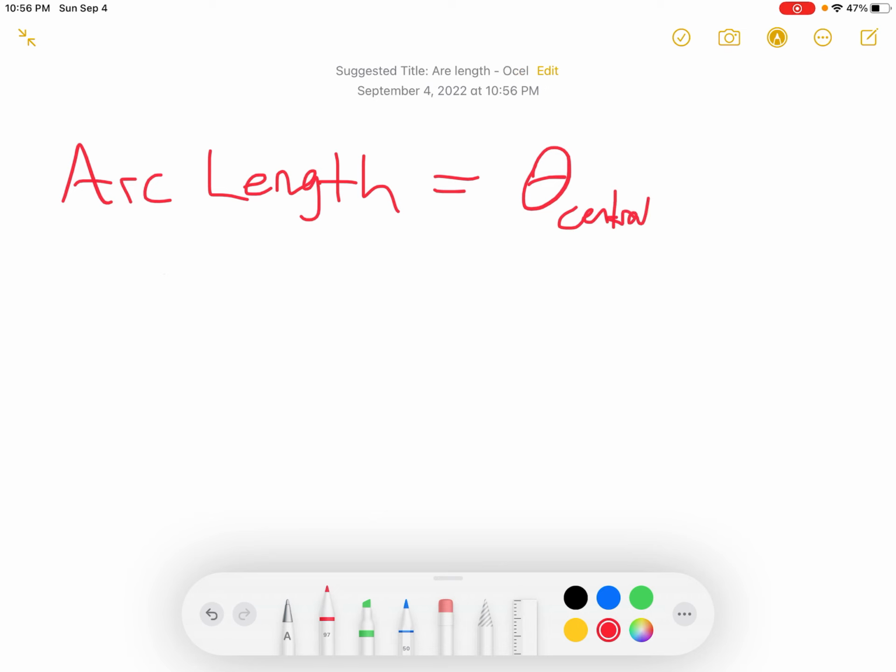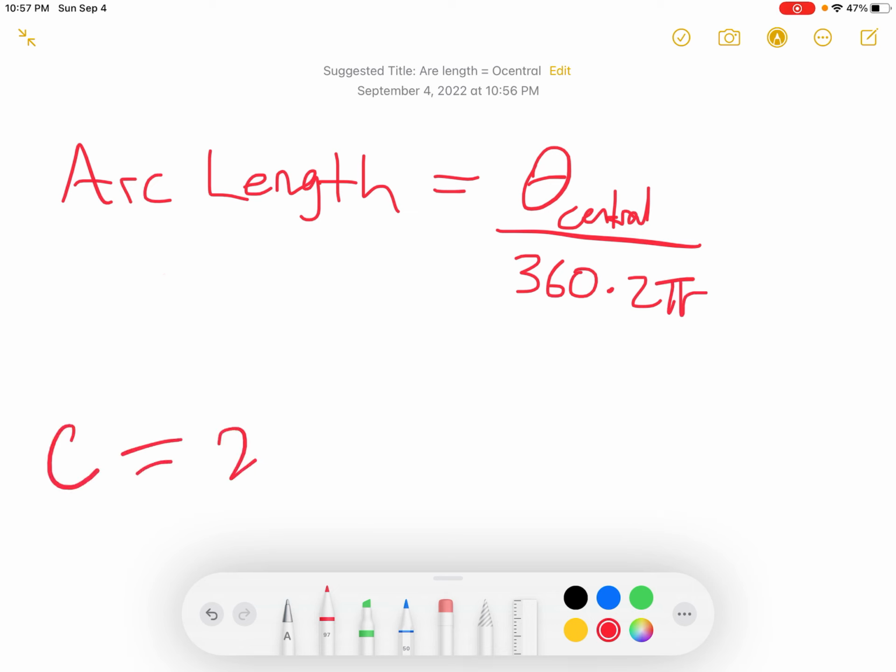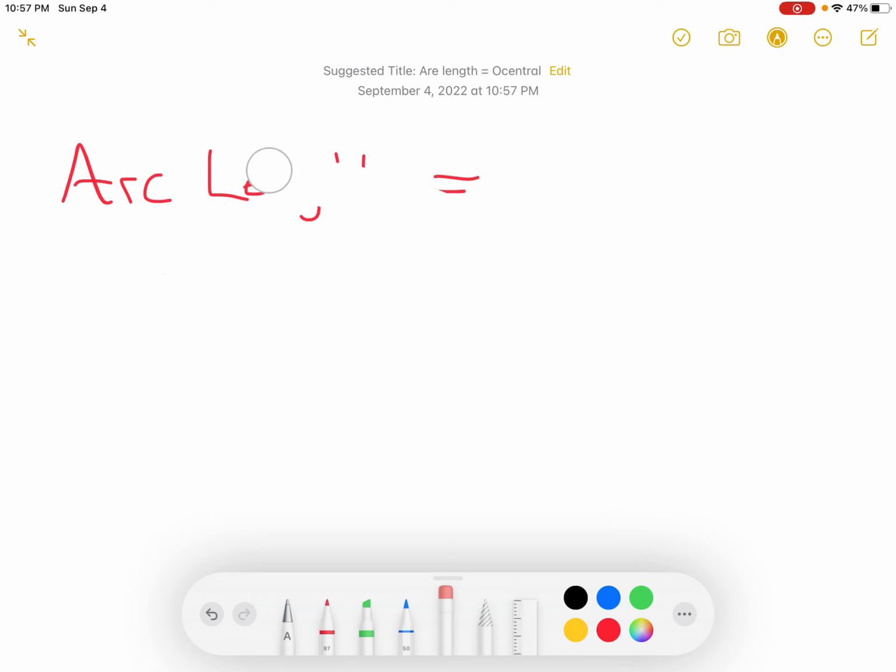Central angle, so theta can represent angle, divided by 360 times the circumference, which is 2 pi r. So that's just like two things in one. The circumference is 2 pi r. So that's an arc length. That's not that common really, but if you saw that, that's what you would do.